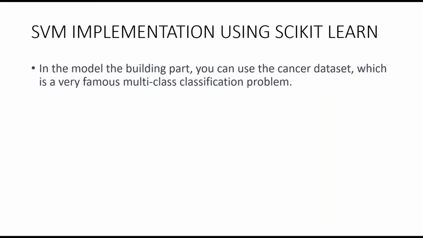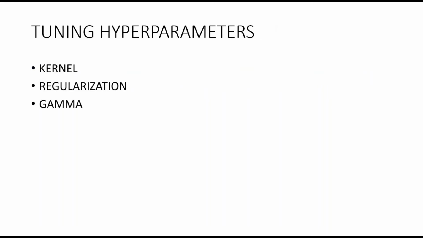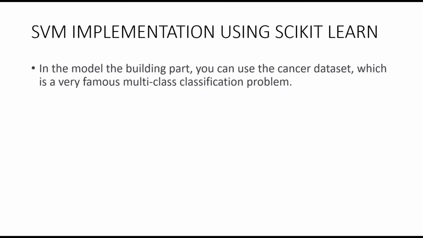The dataset comprises 30 features like mean radius, mean texture, mean perimeter, mean area, mean smoothness, mean compactness, etc., and a target, that is the type of cancer. Here, the data has two types of cancer classes, that is the malignant, that is harmful, and the benign, not harmful.